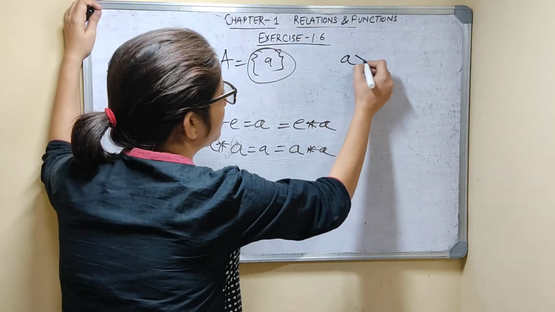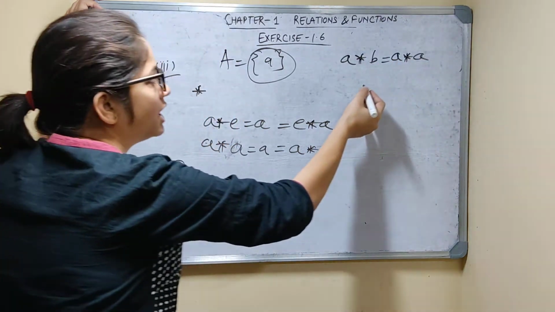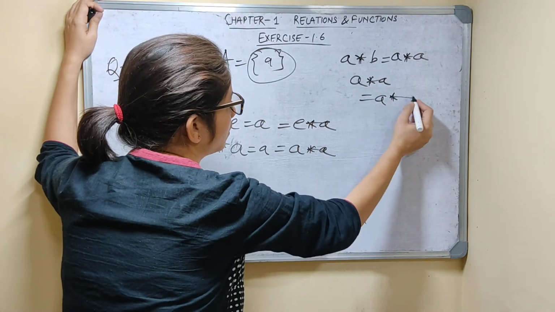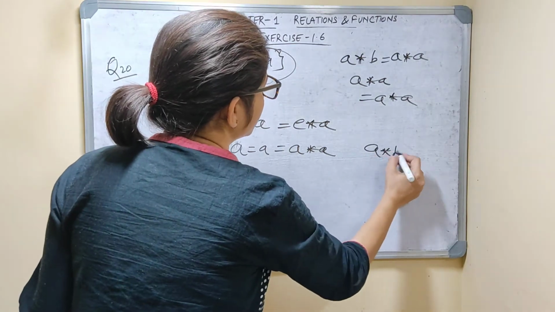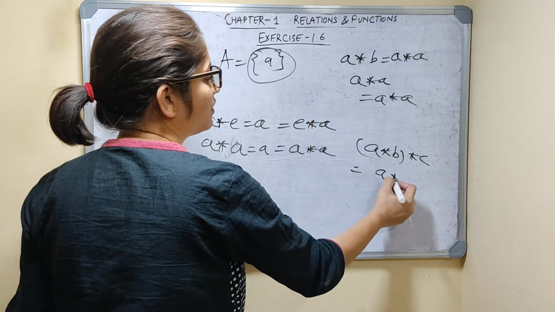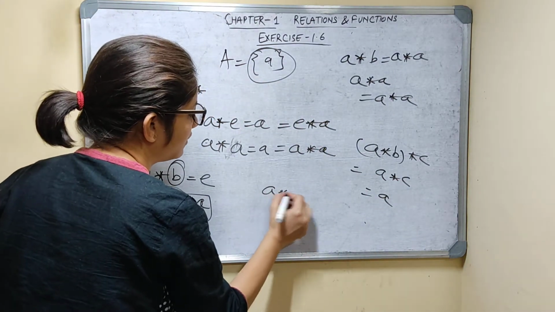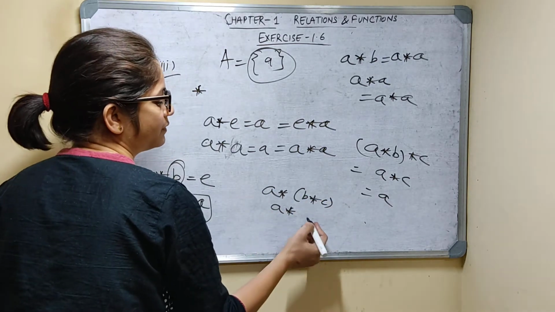So when you do A strict B, you will get A strict A only. So A strict A you write, or A strict A you write, both are the same. So it is commutative, associative. (A strict B) strict C: A strict B is A only, A strict C is again A only, because only one element is present. If you do (A strict B) strict C, it is A only.